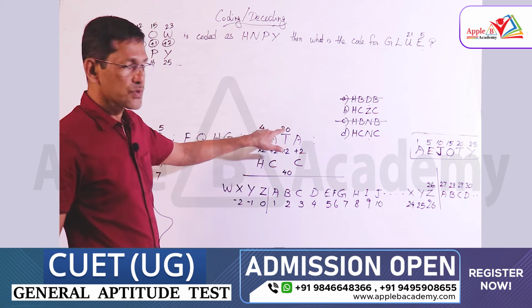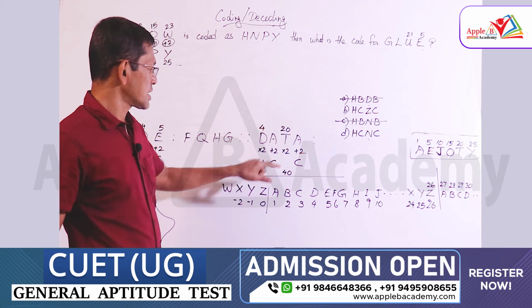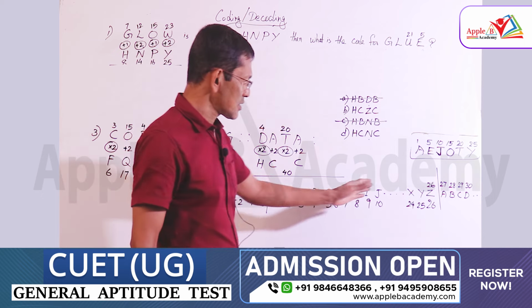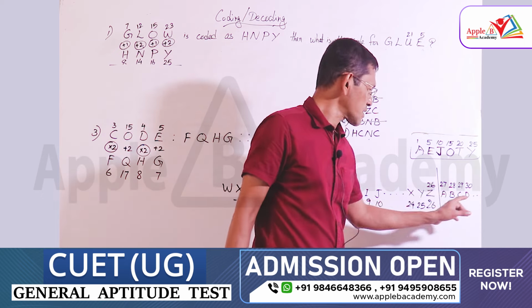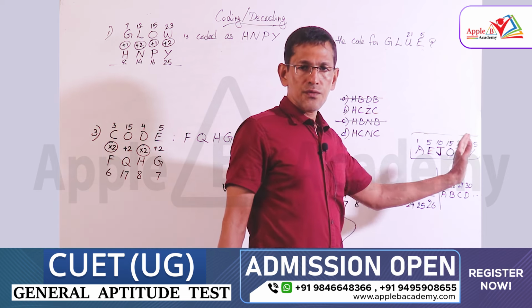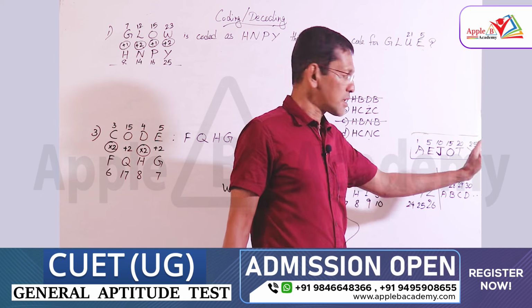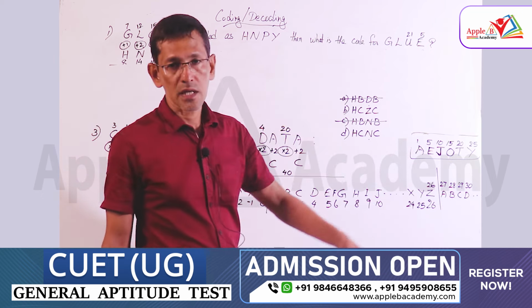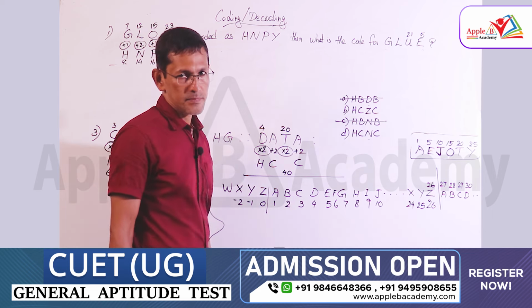So we need to confirm whether it is C or N. How do you get it? 20 into 2. That's 40, the 40th letter. If you continue this pattern, which would be the 40th letter? We have 27, 28, 29, etc. So when you write further after D, E, F, G, we need to go up to 40. Which is the 40th letter?